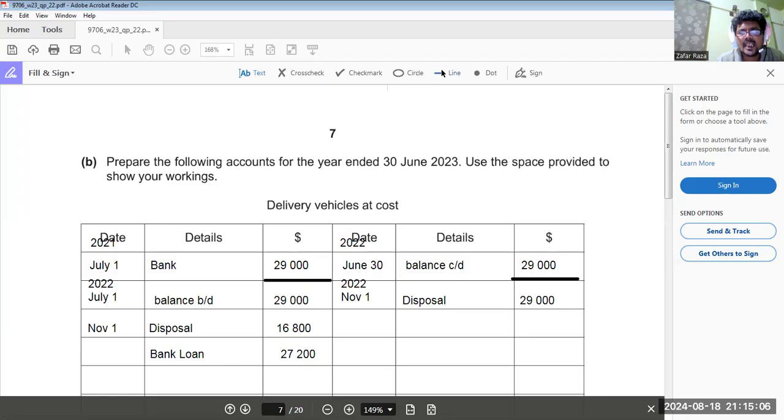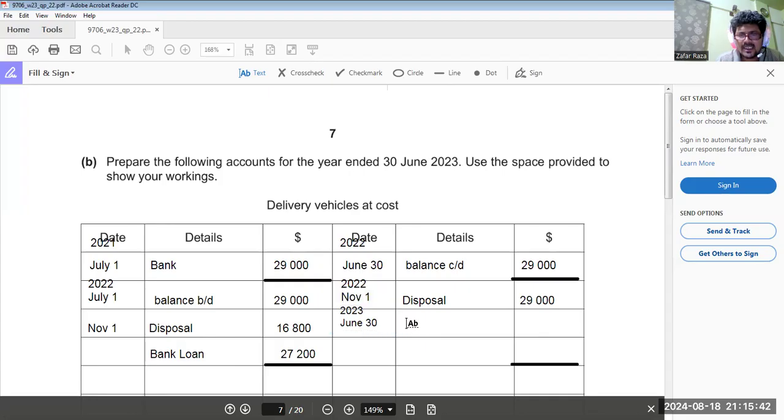Again, we have to calculate the closing balance. That would be on 2023 June 30.